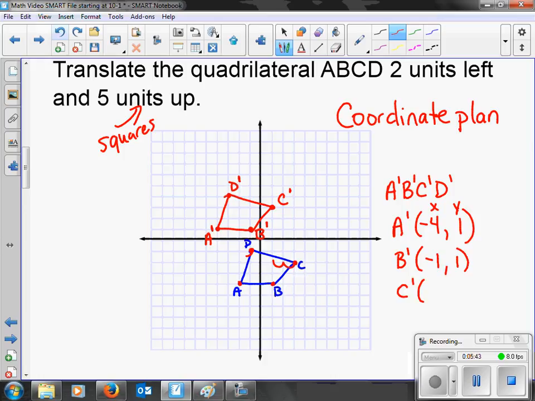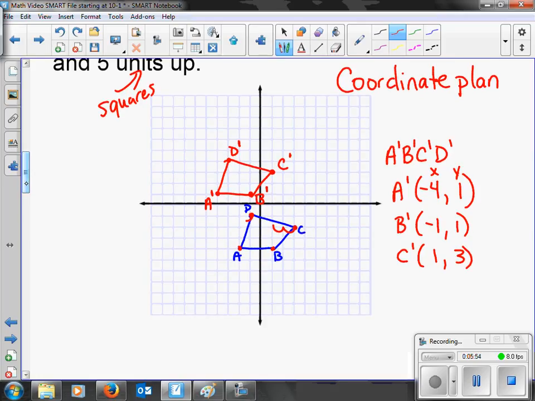C prime is at positive 1, comma 1. And then D prime is at negative 3, comma 4. Okay, so that's the new coordinates.